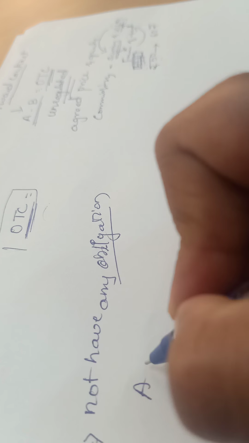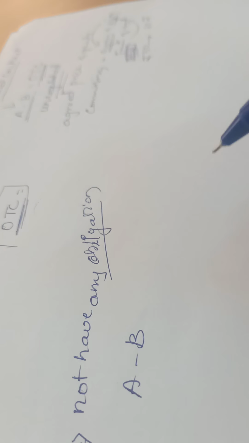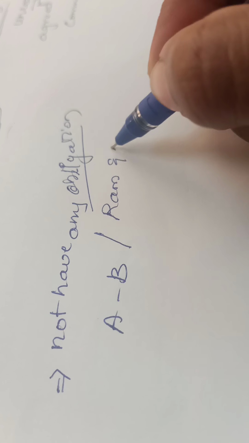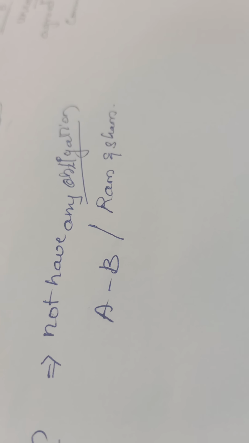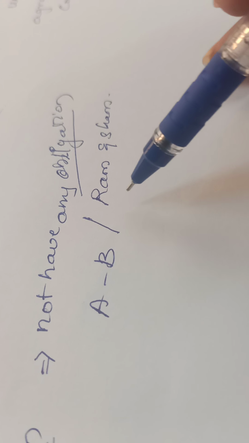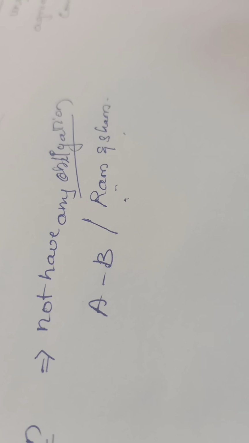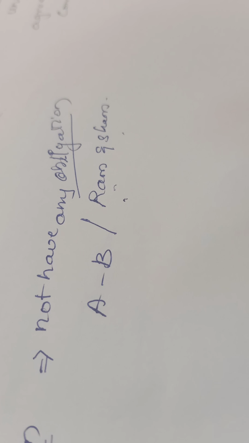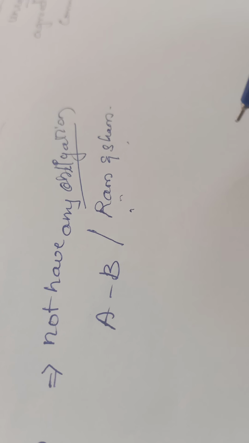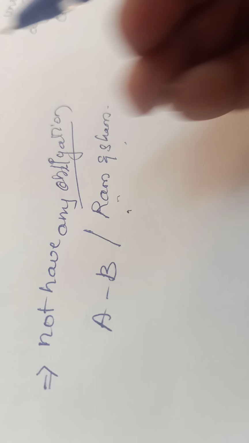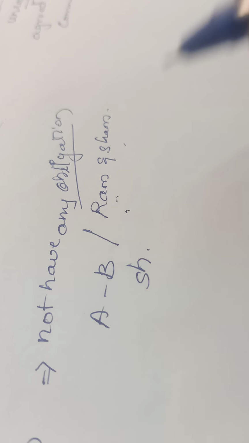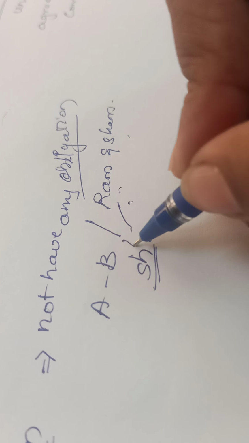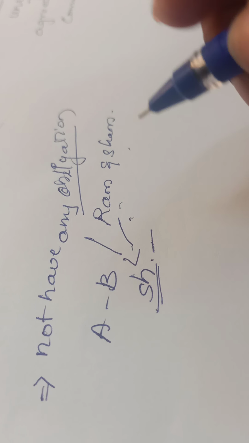Now say for example A and B, or Ram and Sham. They are undergoing a contract where Ram is telling, I'm going to sell you my shares. Which company shares?